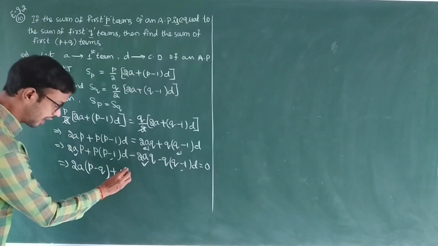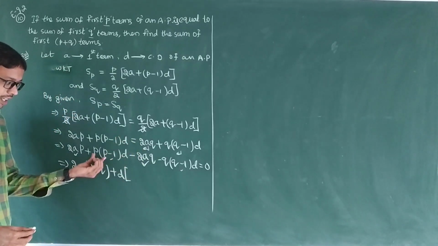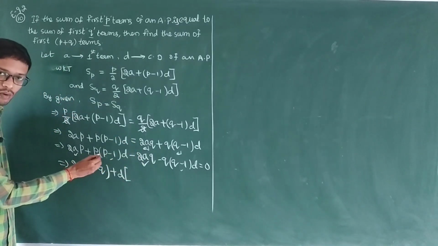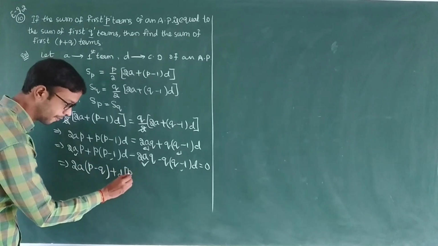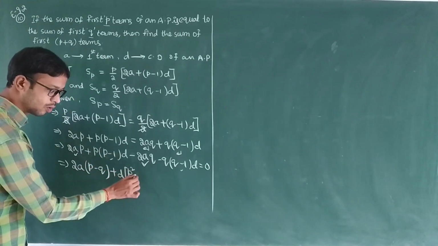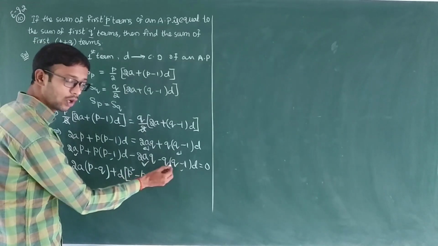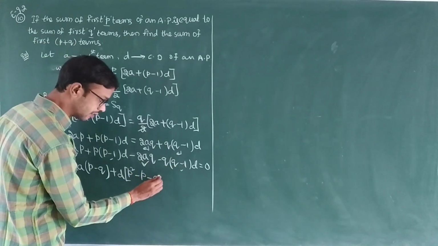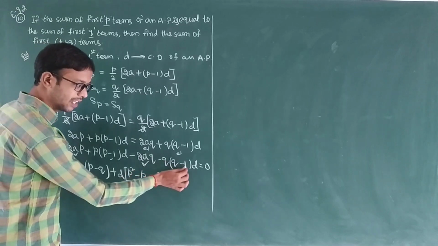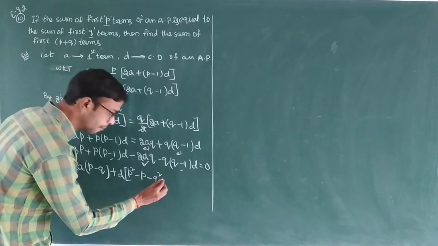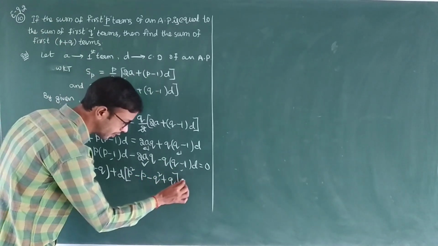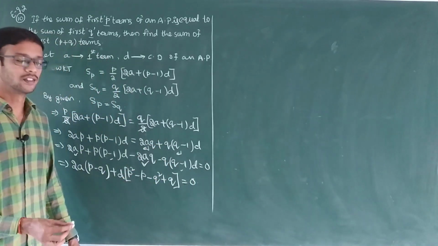If we take d common, what will we get? This total value: p square minus p, minus q square plus q is equal to 0.